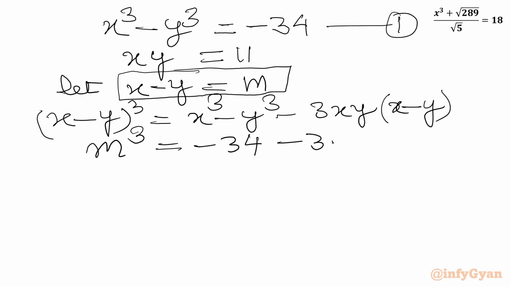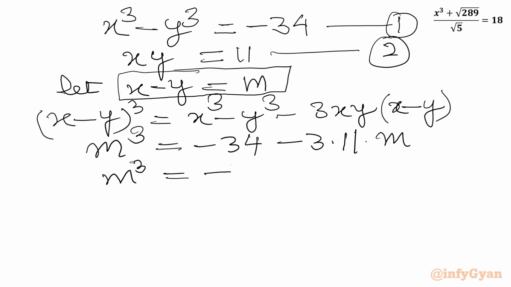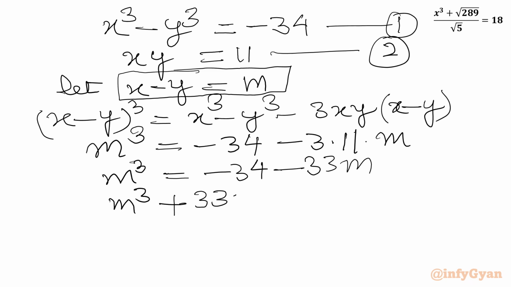Minus 3 times xy, our equation number 2, 11, times x minus y, m. So I can write our cubic equation m cube equal to minus 34 minus 33m, or I can write m cube plus 33m plus 34 equal to 0.